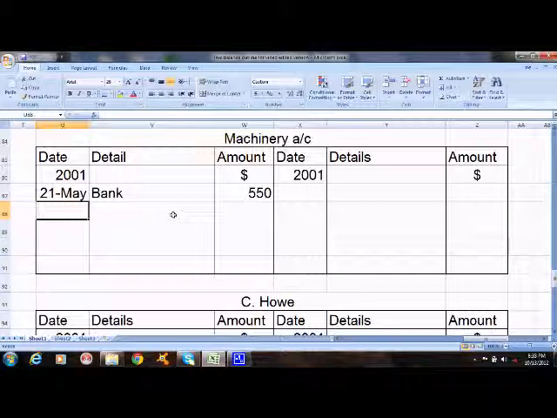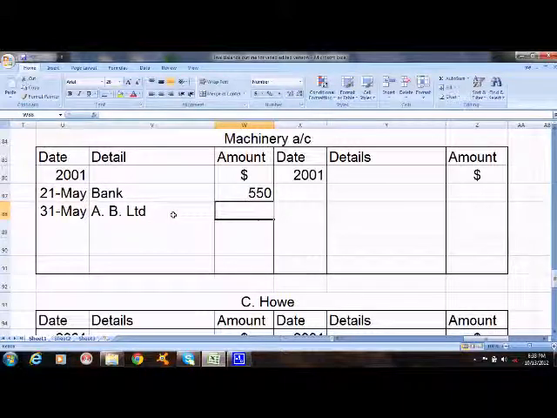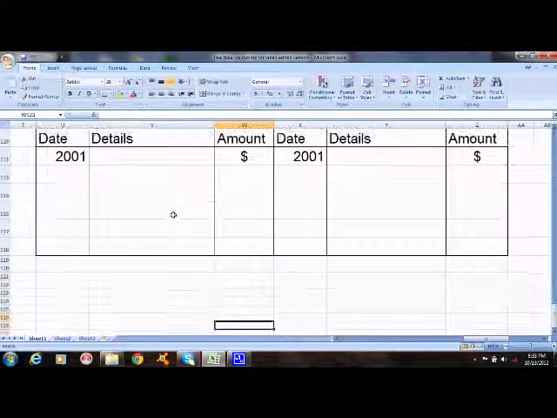So we're going to debit machine account, debit asset account. May 31, AB Limited, and the amount is $2,700.